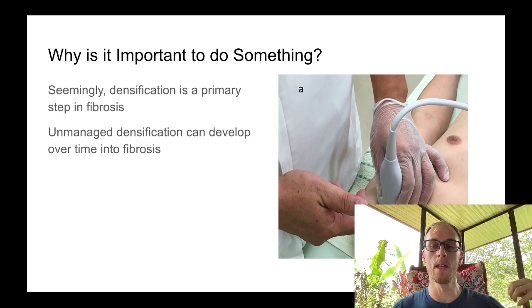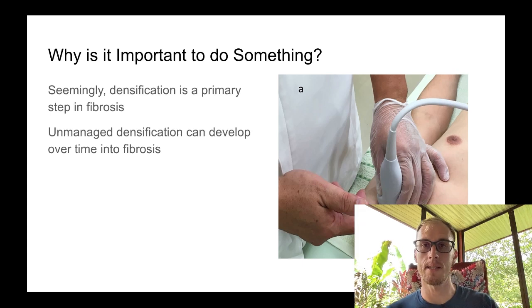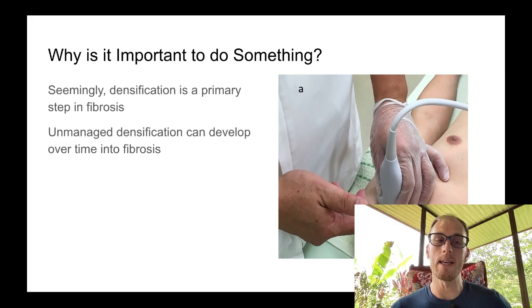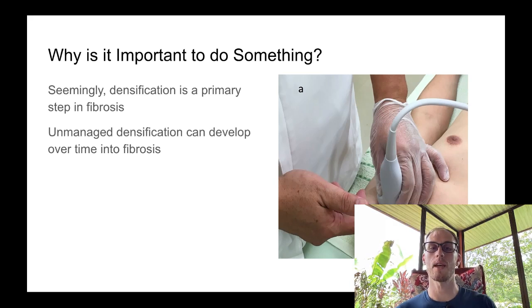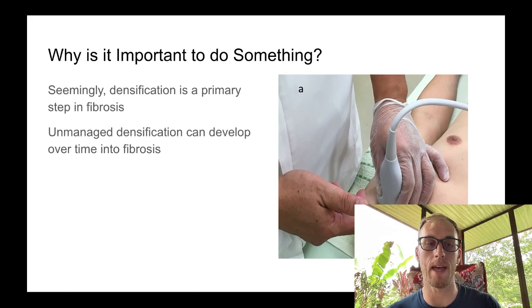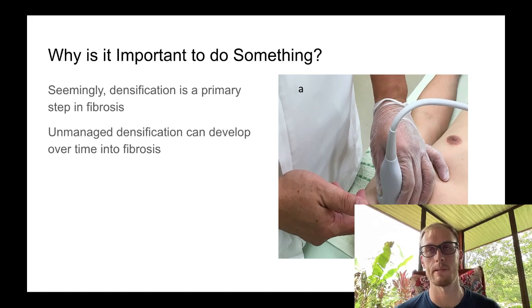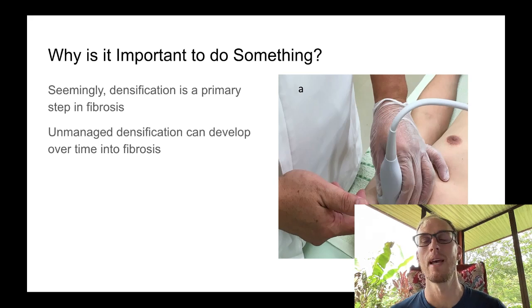One of the ideas that is gaining steam, and we can see mechanisms behind, however, again, it's not definitively shown, is that densification is a primary phase or a primary step in the process of fibrosis. And fibrosis is a much more medically significant circumstance.